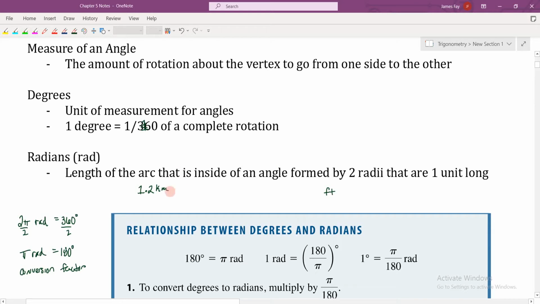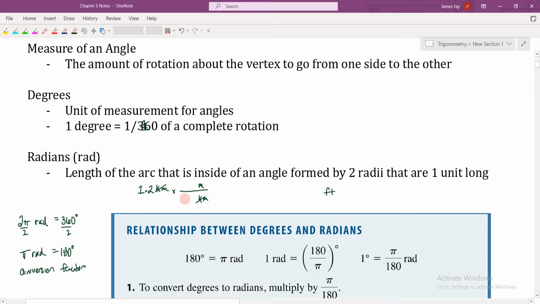We're going to use unit analysis. I don't know anything about a conversion factor from kilometers to feet directly, but I do know how to get kilometers into meters. And I want kilometers to be on the bottom because there's one on the top already, so that they cancel.